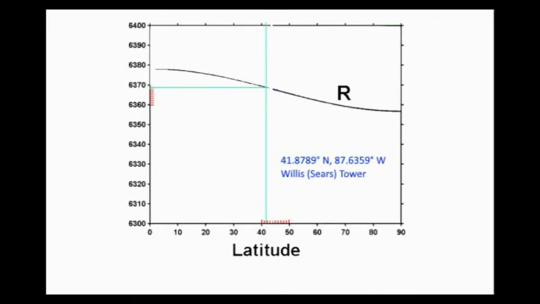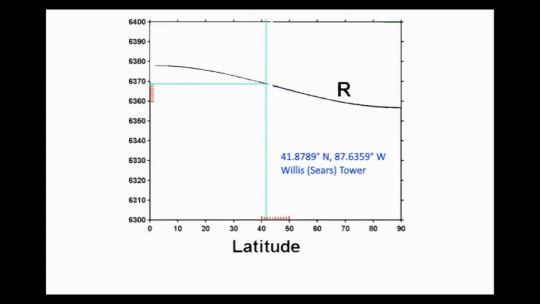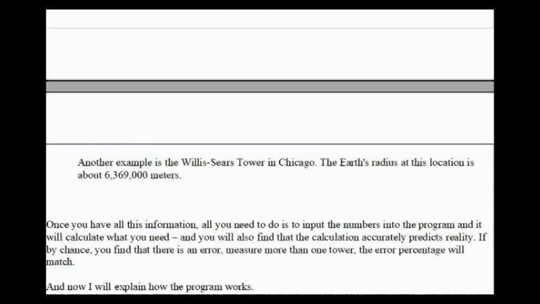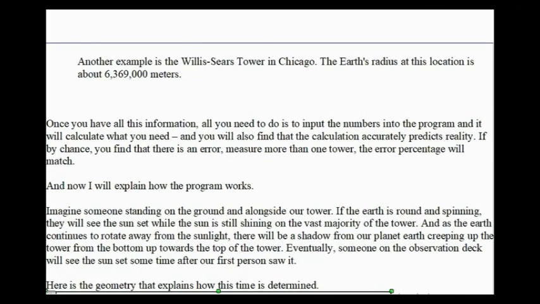Another example is the Willis-Sears Tower in Chicago. The Earth's radius at this location is about 6,369,000 meters.